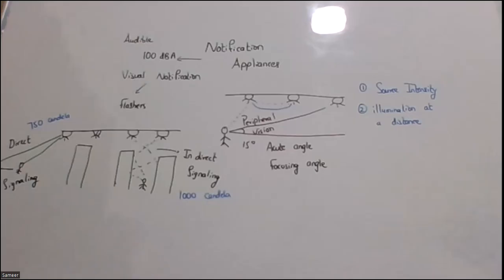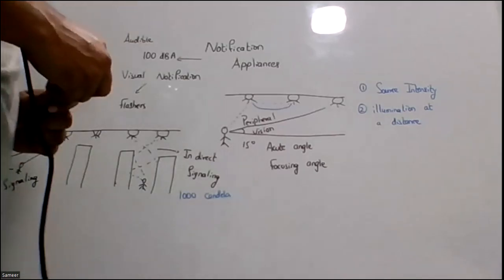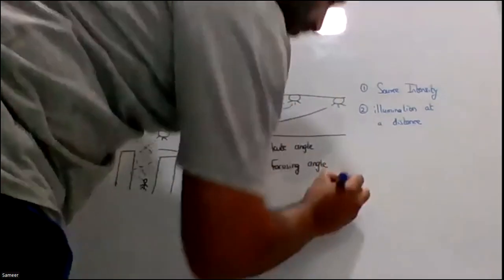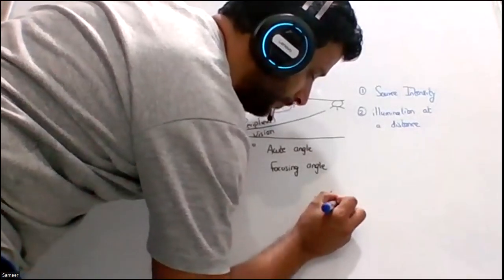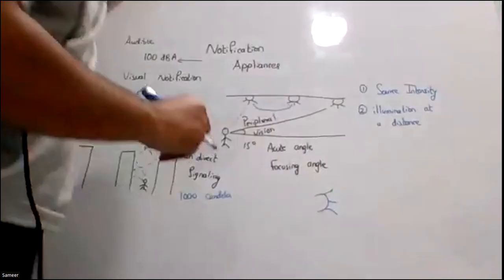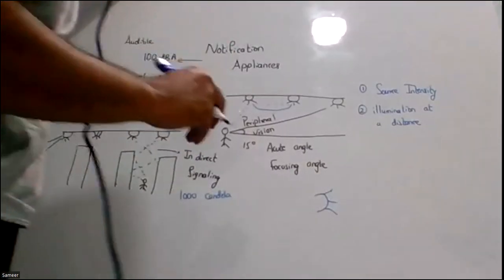So whenever we are talking about the intensity of the illumination, or the candela effective, CDEFF, what is the candela effective? Usually we have a source, let's say this is the source of light available with me, a visual notification appliance. Now, whenever this appliance gives me illumination, what will happen?